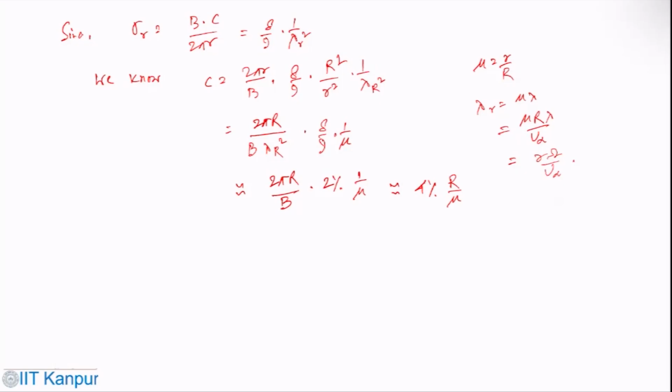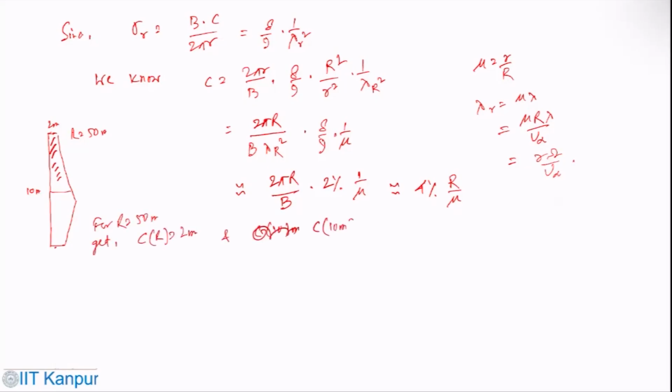So that means what happens is that, let's say this is R equals to 50 meter, this is 2 meter, 10 meter. So that tells two important things here.